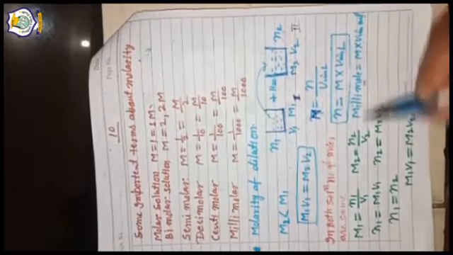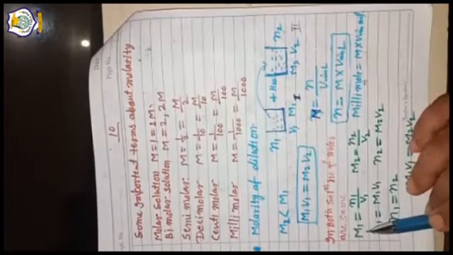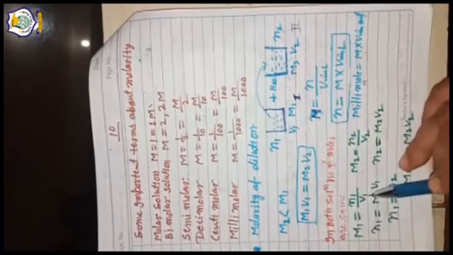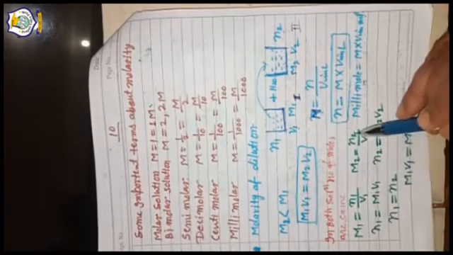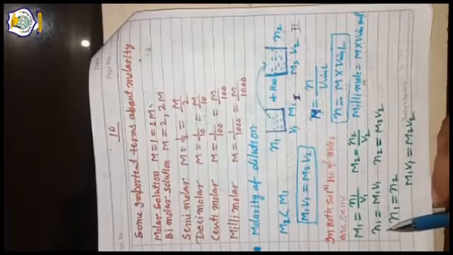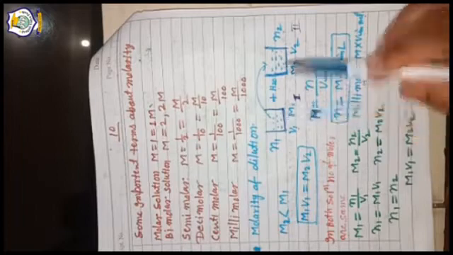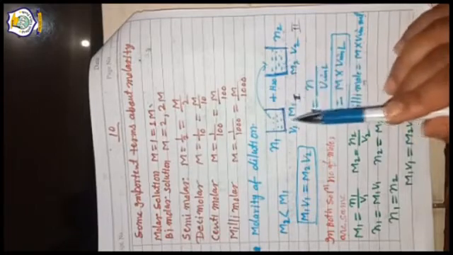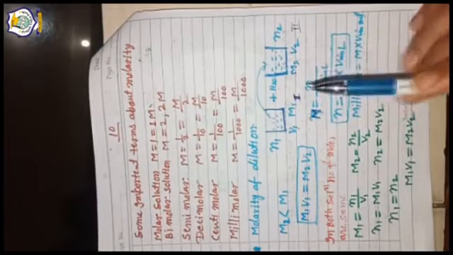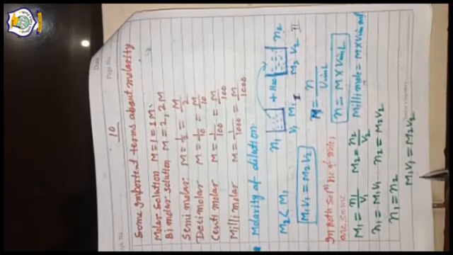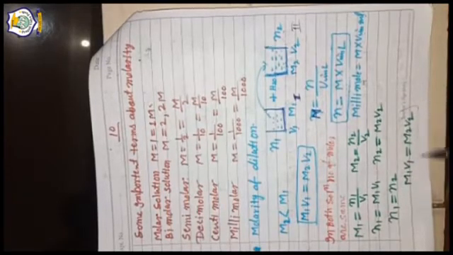M1 equals N1 upon V1. M2 equals N2 upon V2. N1 equals N2 because the number of moles is the same in both solutions, but the volume is increased. Therefore, this formula is derived.